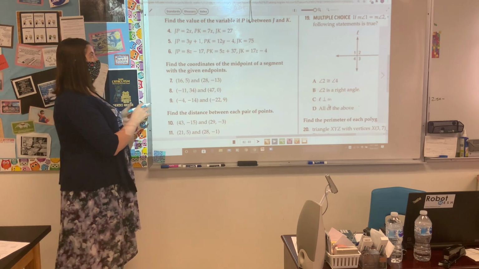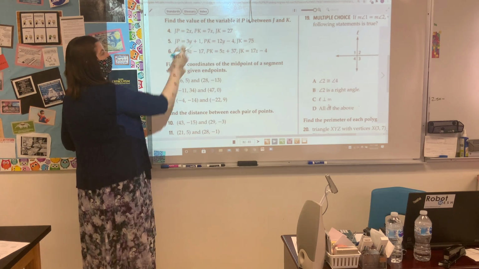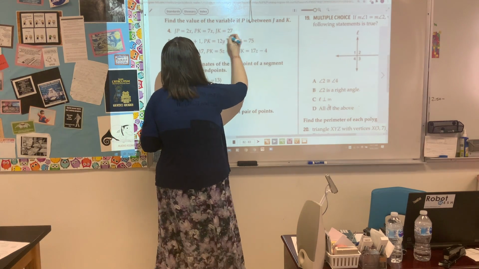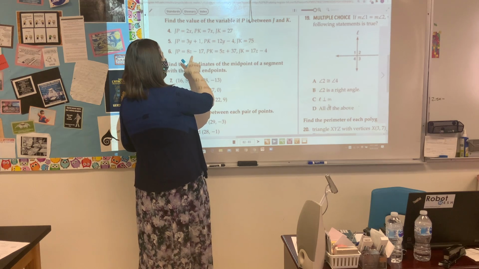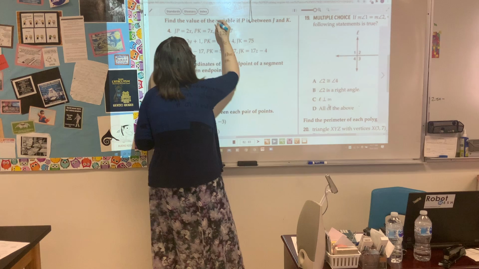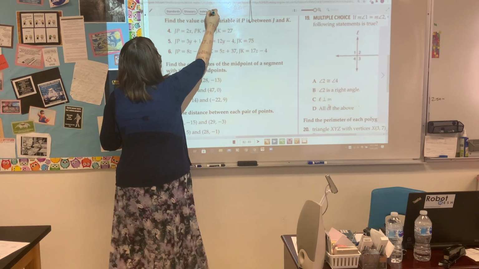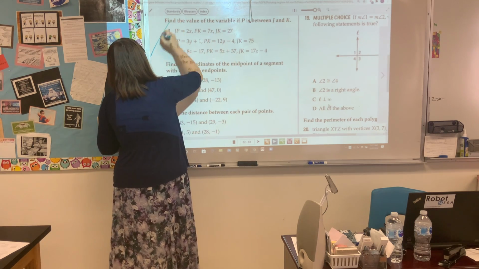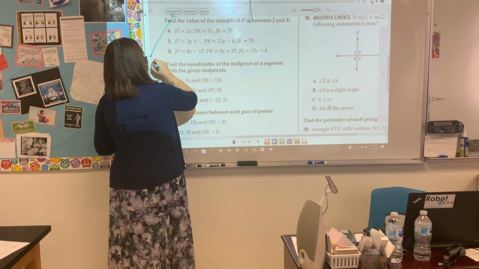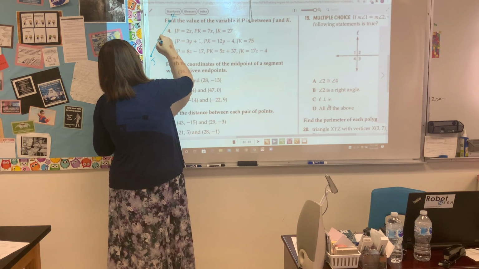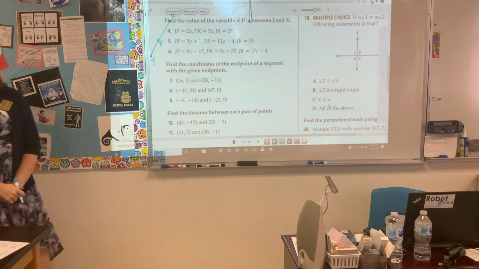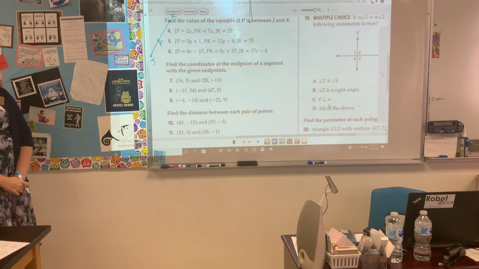Find the value of the variable if P, so we're trying to figure out what X or Y or Z is, if point P is between J and K. So we have a line here. We know that there's points. This is K, this is J, and somewhere in between we have a point P. Is P in the middle?